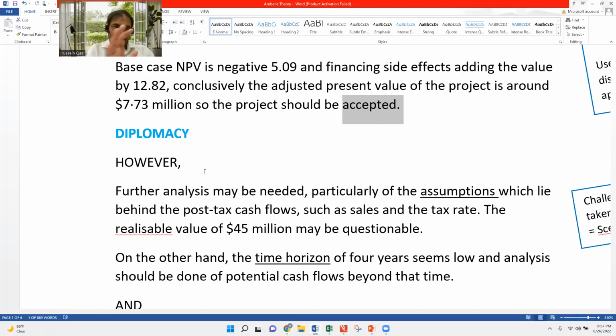Although the APV is positive and the project should be accepted, 'however' are the wording of diplomacy. These are professional words. Don't take all the responsibility on your shoulders. Use this diplomacy.